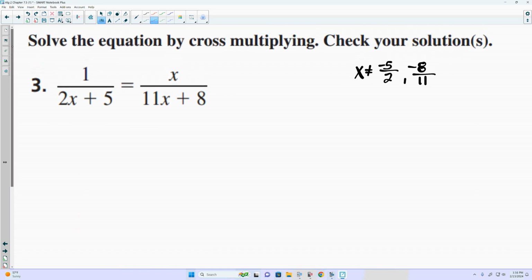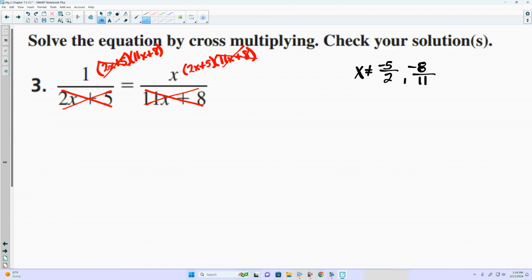Now what are we going to multiply everything by? 2x plus 5 and 11x plus 8. Now our 2x plus 5 and 2x plus 5 would cancel. 11x plus 8 and 11x plus 8 would cancel.